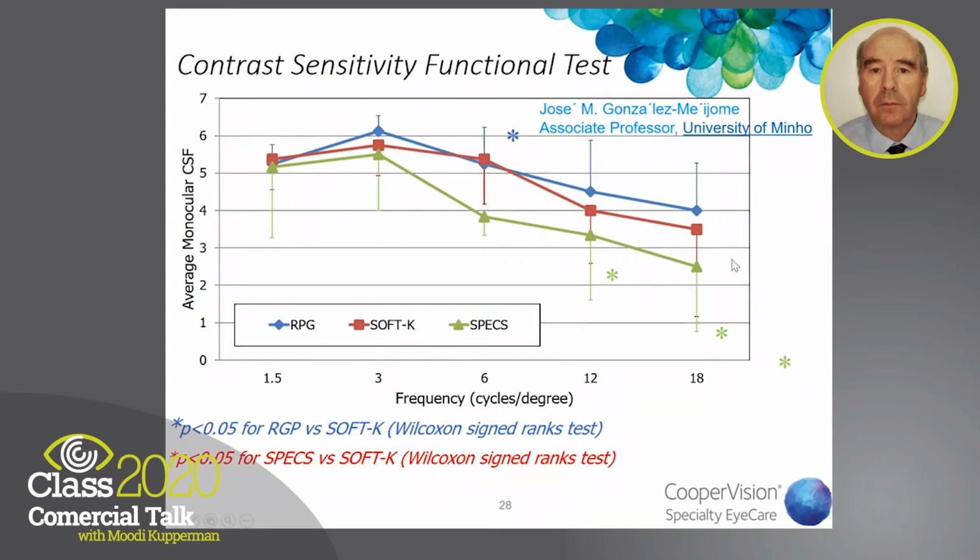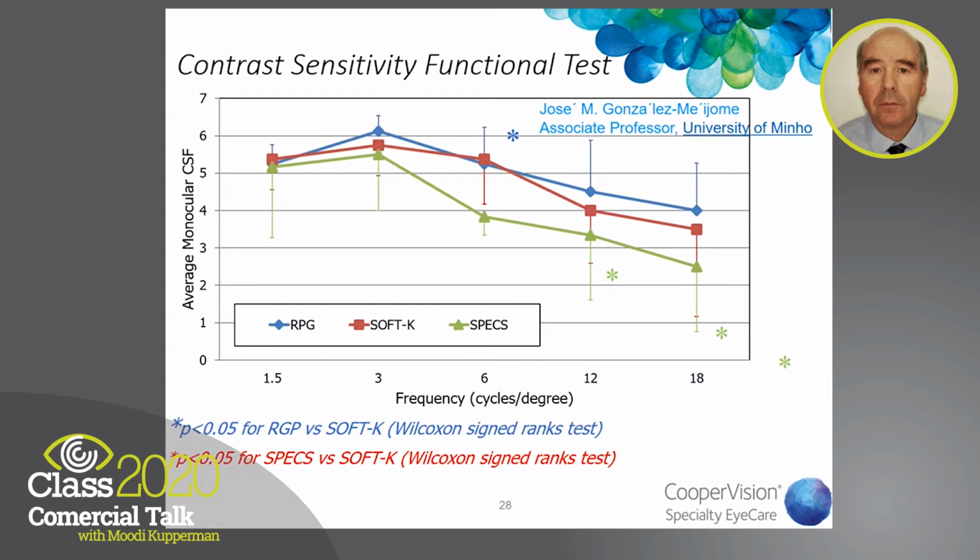And he found out that in most of the cases, in the very important area of the cycles, we get a very, very nice vision, even better than GP lenses, and very similar on the high frequency. And of course, we find out that the spectacles are going down and down and down. So the information is very important for us about the stabilization of the vision with soft lenses.